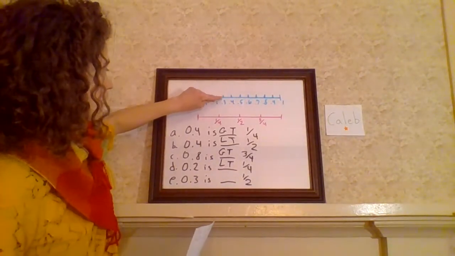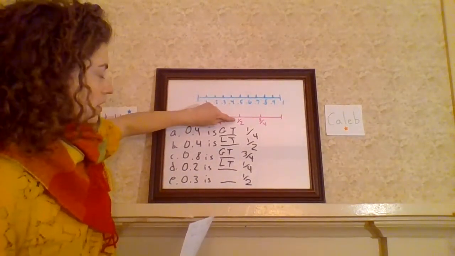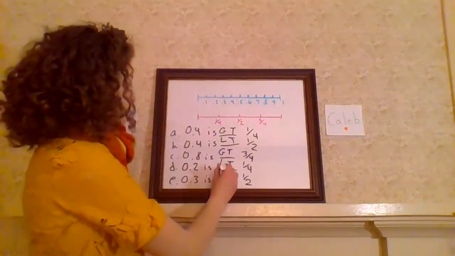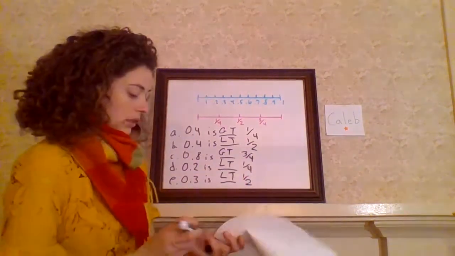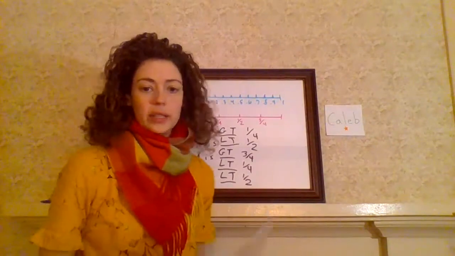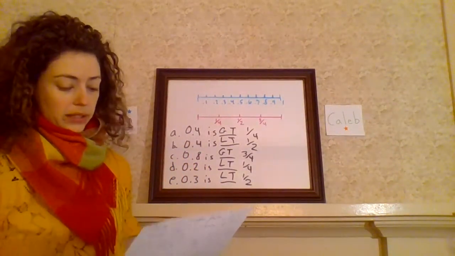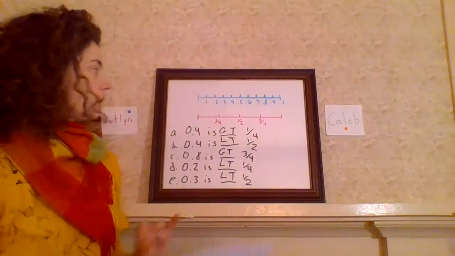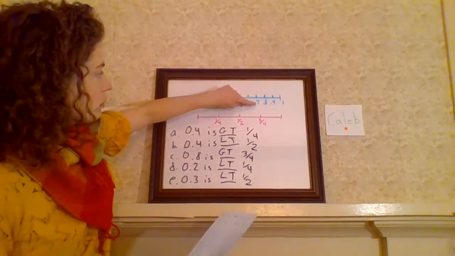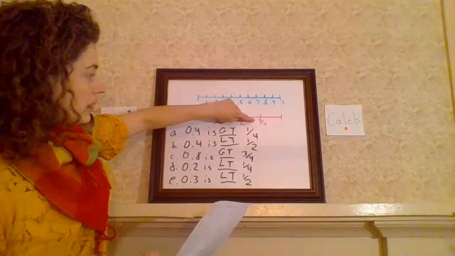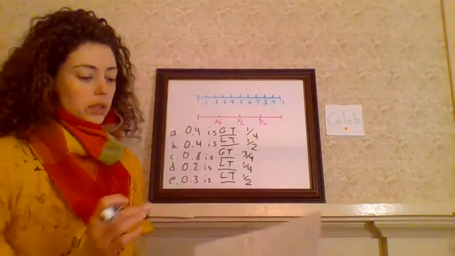So 3/10 is here. Bring it down. Well, that's quite a bit smaller than 1/2, so that's less than. Okay, so that gives you a little example. So let's try one more. 7/10. How does that compare to 3/4? So we find 7/10, bring it down, that's less than 3/4.